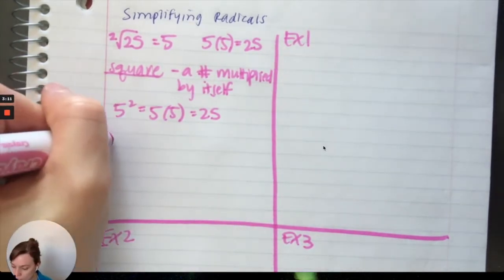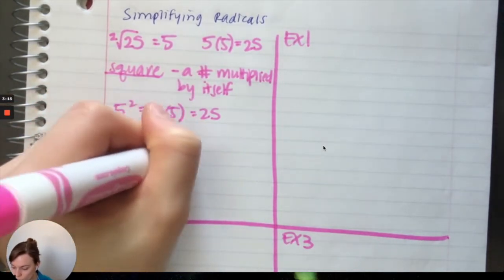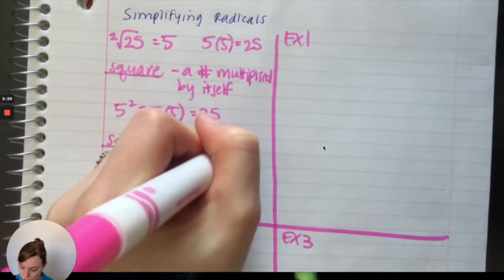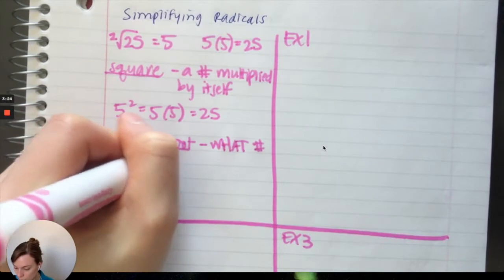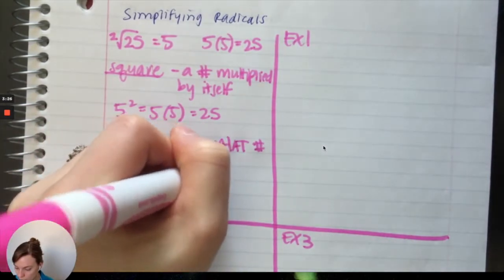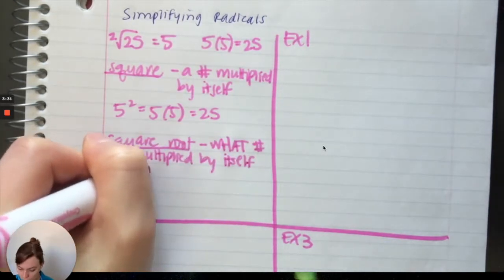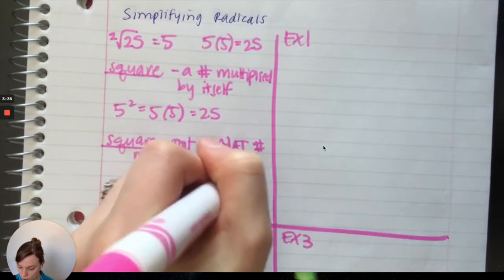All right, so putting that in a definition form, a square root is what number multiplied by itself gets the given number.